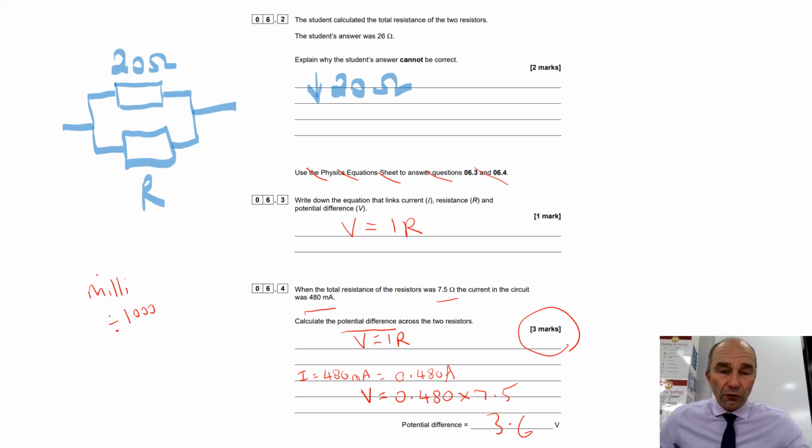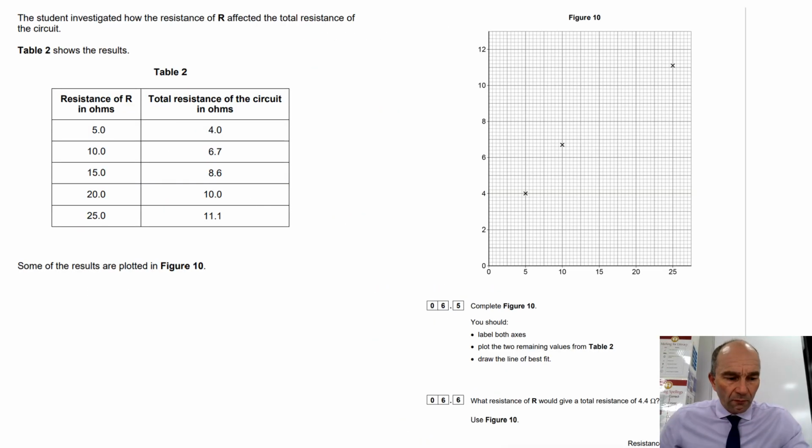If you don't convert and you use 480 in this calculation, you would end up with an answer out by a factor of 1000. So if you got 3600 volts, where you haven't converted the current, you would still pick up 2 marks. But we want to make sure we're picking up all the marks. So be suspicious and convert the numbers when you need to.